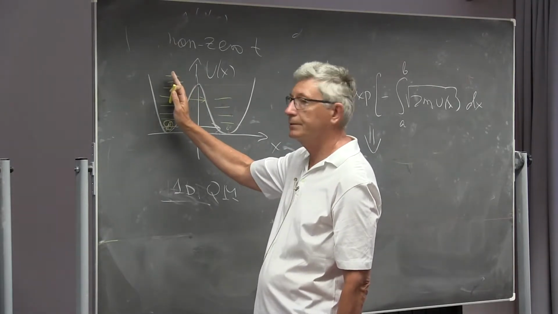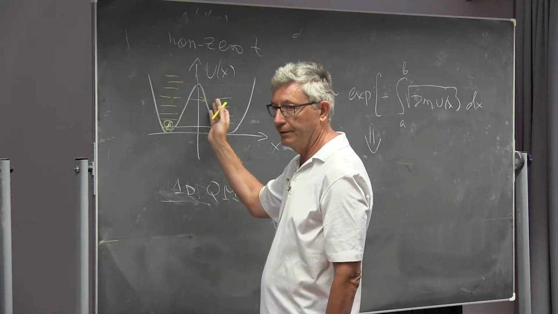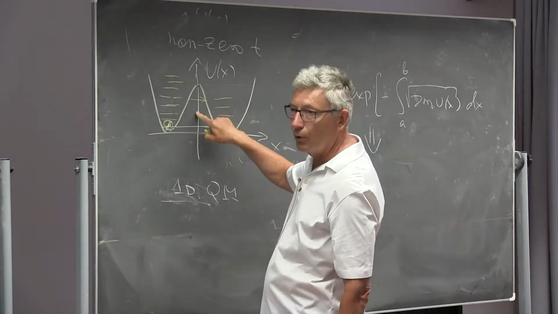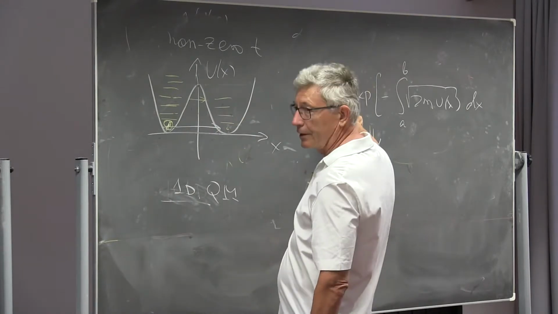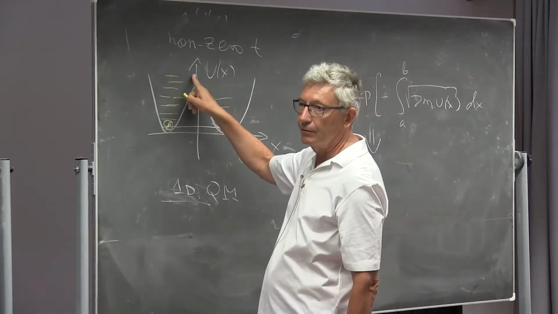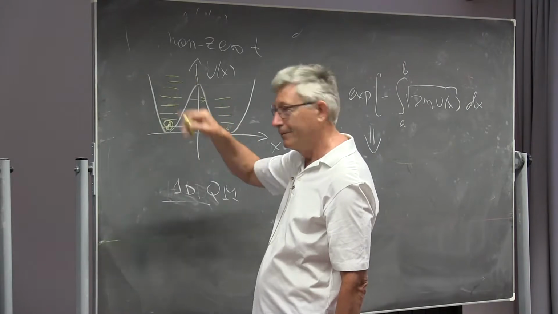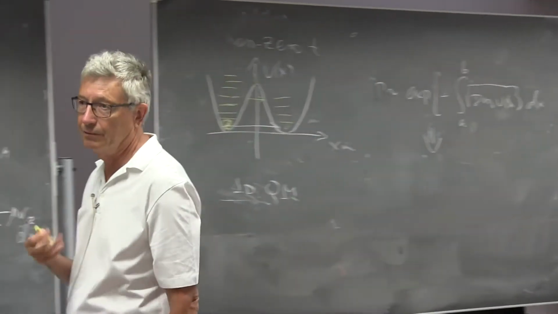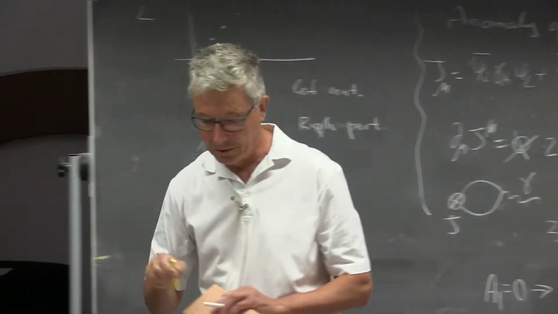And then what happens with the time evolution of this state? The levels which are below the barrier will tunnel, whereas the levels which are above the barrier can freely go into the vicinity of another minimum.